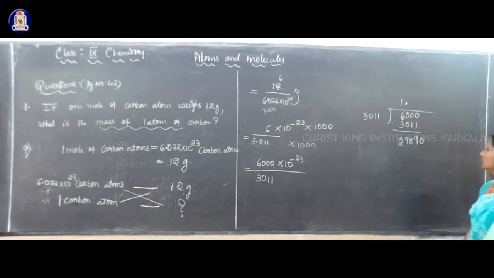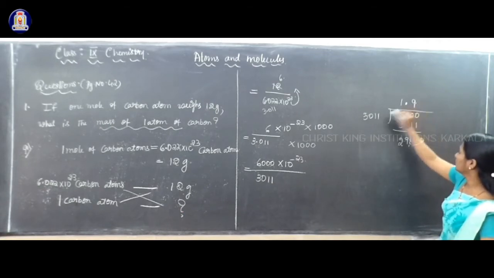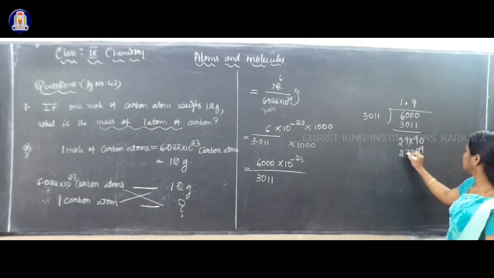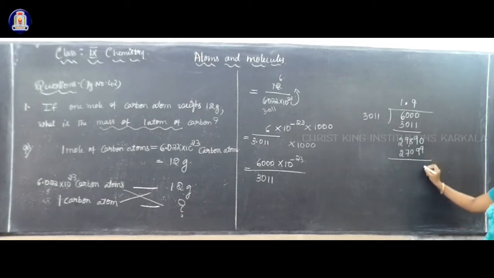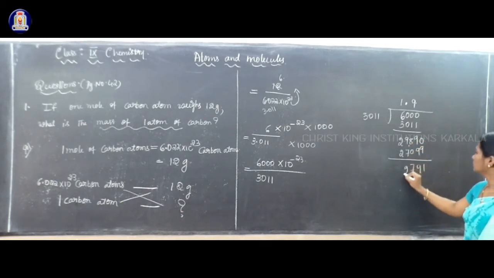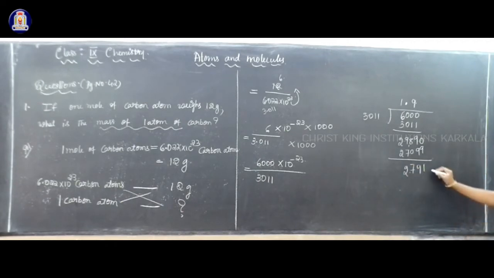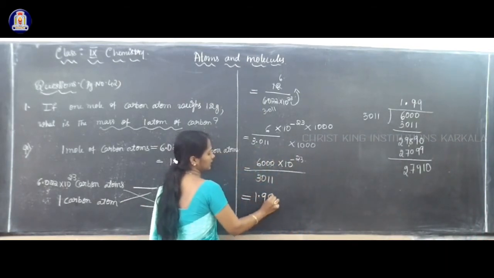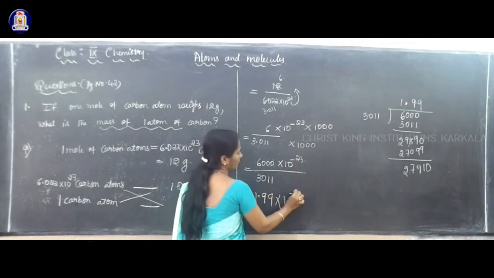Doing the long division, and the division continues. So the answer, if you divide, you will get 1.99 into 10 to the power minus 23.